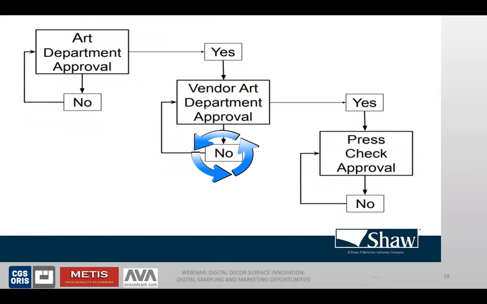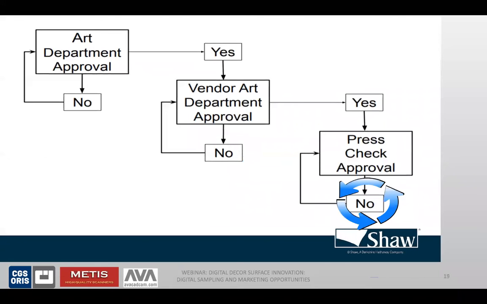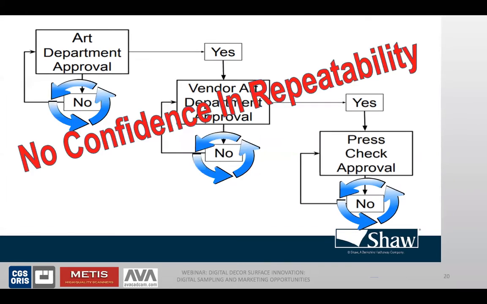Once it leaves, and goes to our vendor department, now they have to run it through their process, and they run through their approval processes. When art department and vendor art department aren't aligned, there's duplications of efforts. And of course, now you've got another set of approvals that happen on a press check. Did we get the two previous processes right? And if we didn't, do we go all the way back to the beginning?